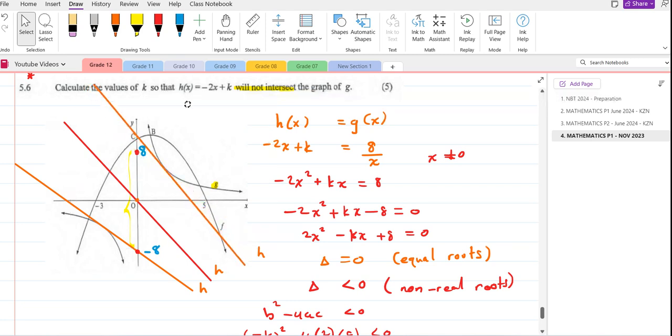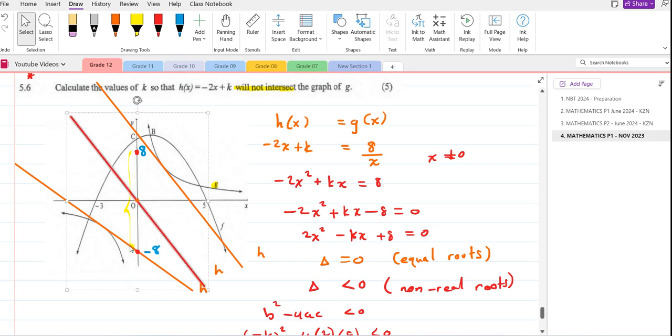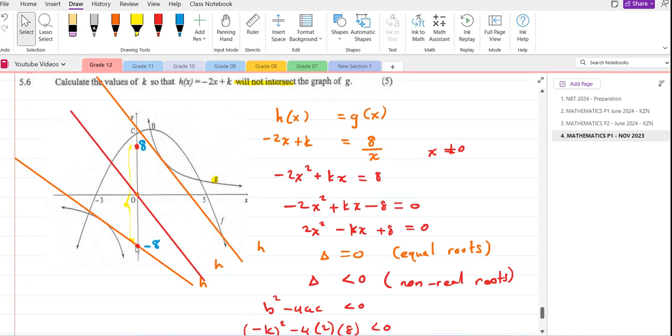It should kind of be intersecting there. So this is more like a straight line graph. I'm just trying to get that parallel. So, right, we were basically looking for the values.